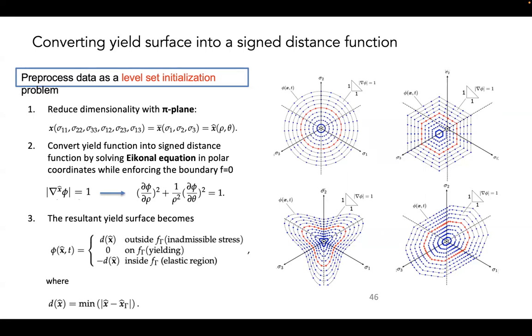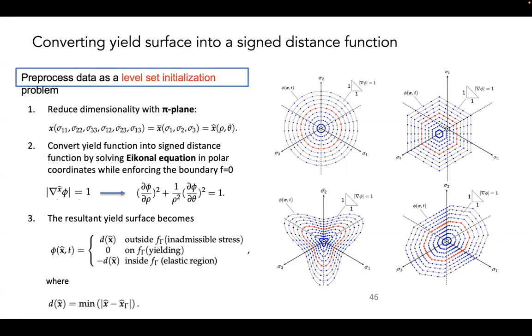When you have hardening and softening, you can consider these points as moving according to some plastic flow, or plastic hardening law, and you don't know how it flows. But you need all the data points to be moved accordingly. So this is the pre-processing step to create the training data.